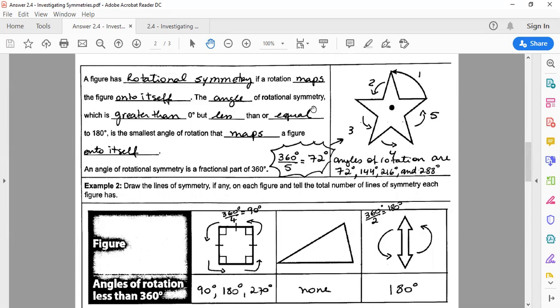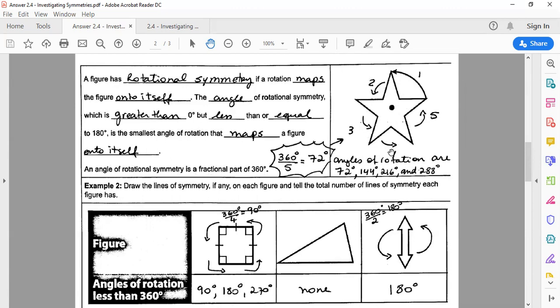The angle of rotational symmetry, which is greater than 0 but less than or equal to 180, is the smallest angle of rotation that maps a figure onto itself. An angle of rotational symmetry is a fractional part of 360. For example, with this star, I can rotate once and it falls on itself, and again and again, 5 times.